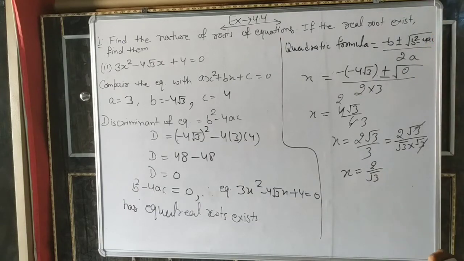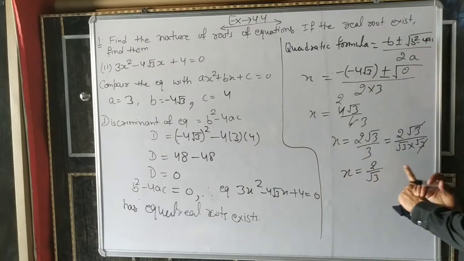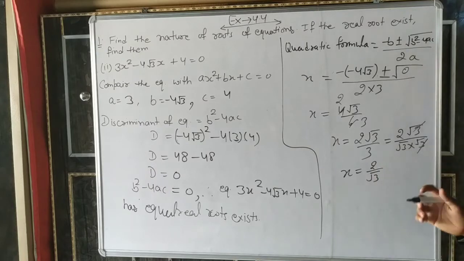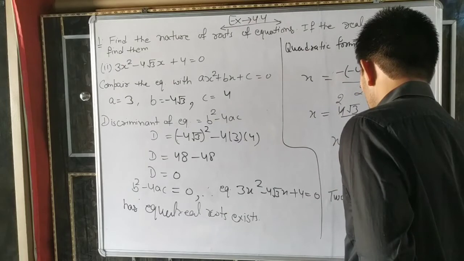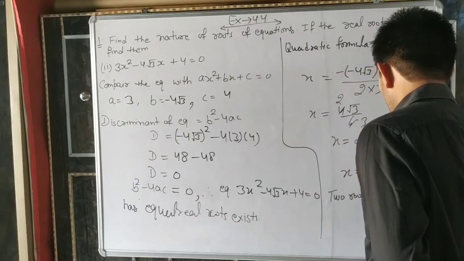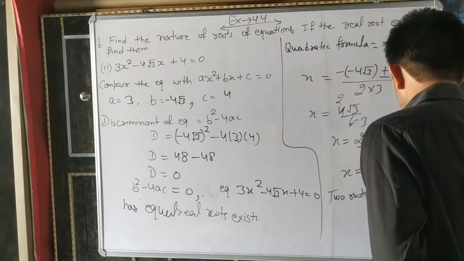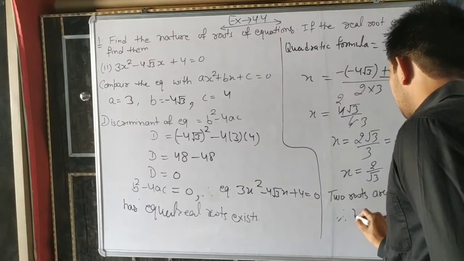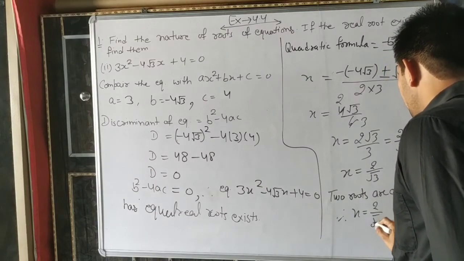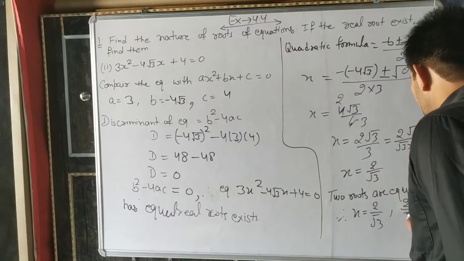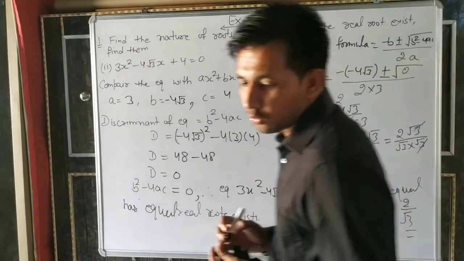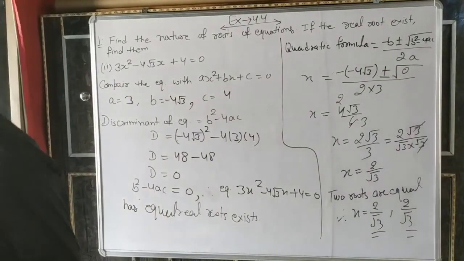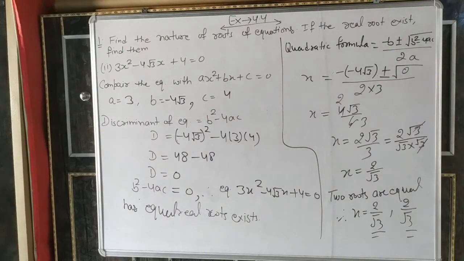Both roots are equal, so 2 divided by root 3. So write, the two roots are equal. Therefore they are x equal to 2 upon root 3 and 2 upon root 3. It means both are 2 upon root 3. Please, the third part you have to do yourself. Now we will do the next question.